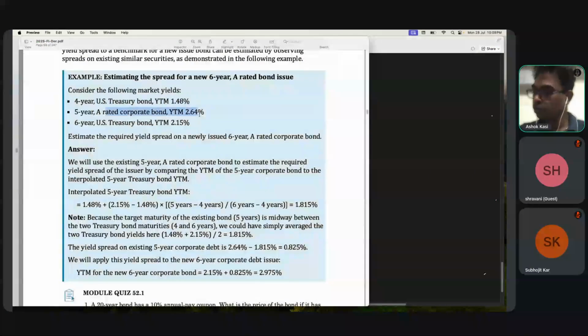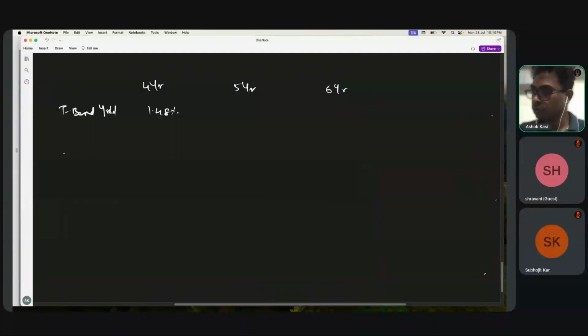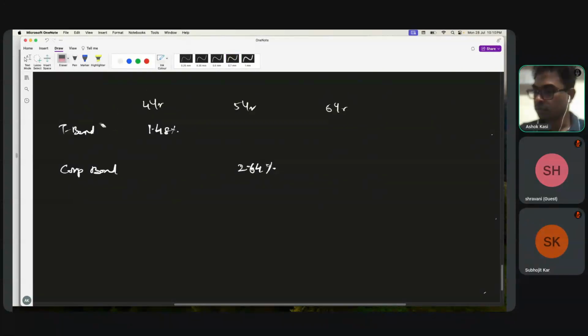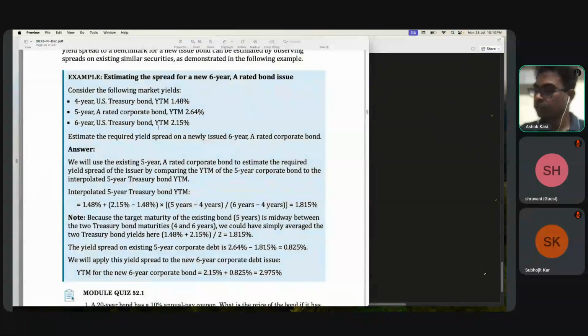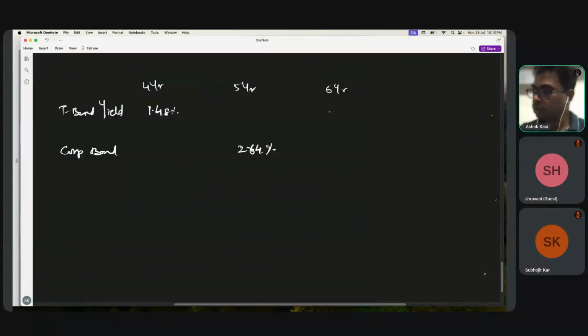Then the corporate bond for 5-year is 2.64. Then the 6-year US treasury bond is 2.15.